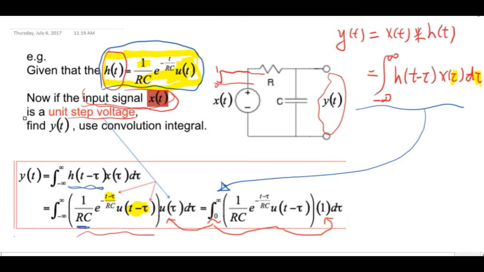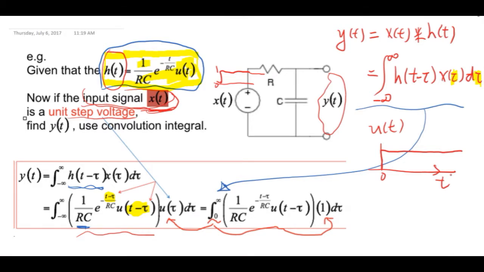Then the input signal x(t) is a unit step, u(t). Mind you what u(t) is about: it looks something like that. Physically it is quite obvious.